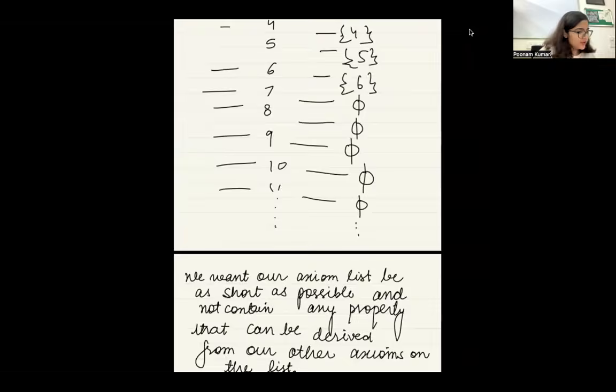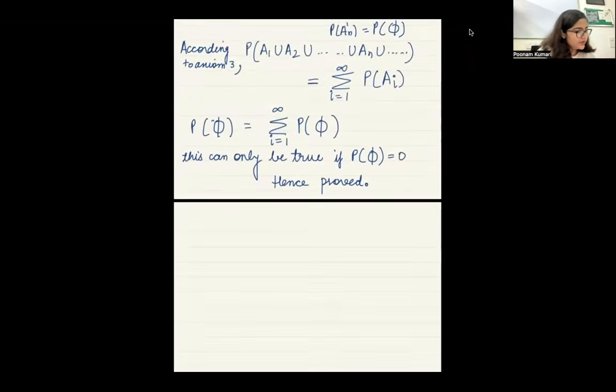So let me write it. What is this theorem going to say? Once we have proved that probability of phi is 0, what is the statement that we are saying?